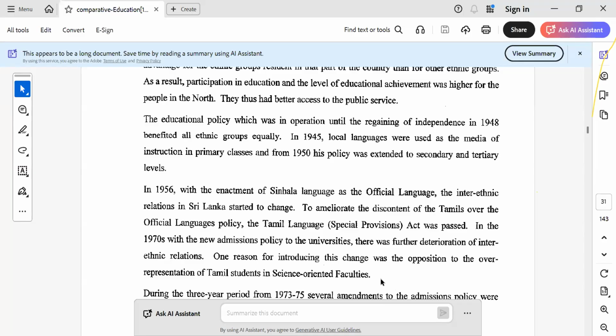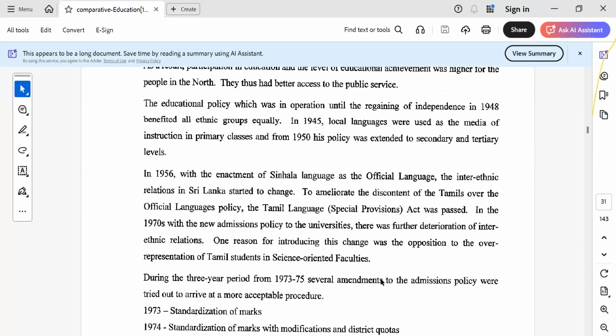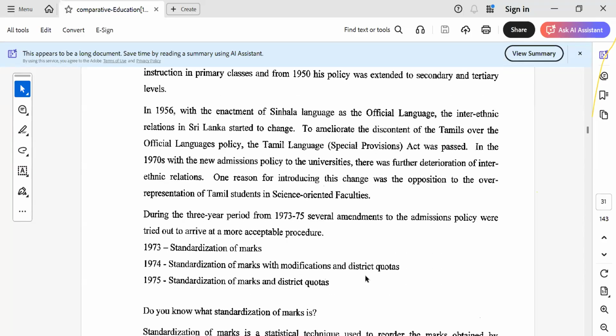So during the 3-year period from 1973 to 75, there were amendments: standardization of marks and modification of district quotas, right? That means they thought that most of the students were from the northern side, and the other students were not developing, so they gave quotas for districts, right?